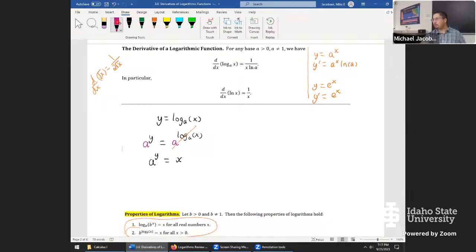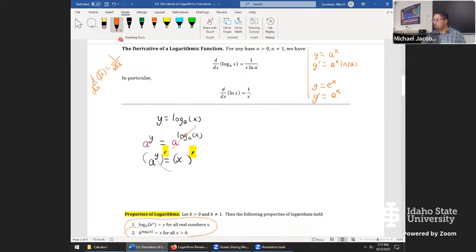So on the left-hand side, I'm going to go like this. Put a little prime symbol to say we're differentiating. We'll do it again on the right-hand side. And this is purely just implicit differentiation on this row. We happen to know what y is. It's log base a of x. And so when you see a to the power y, it's the chain rule once again.